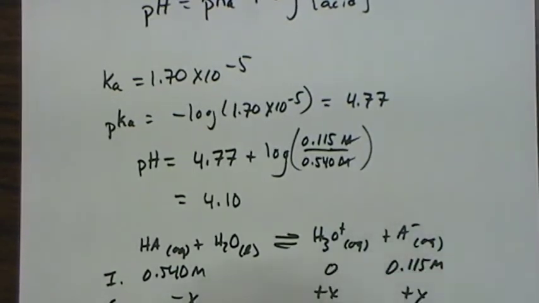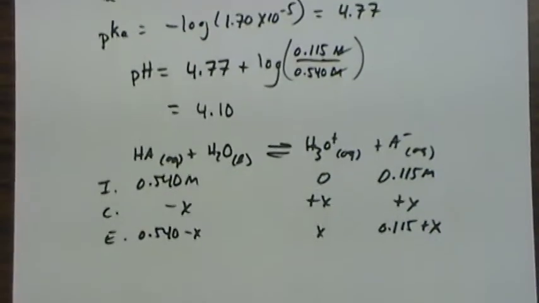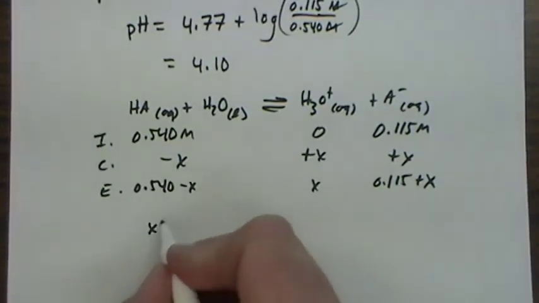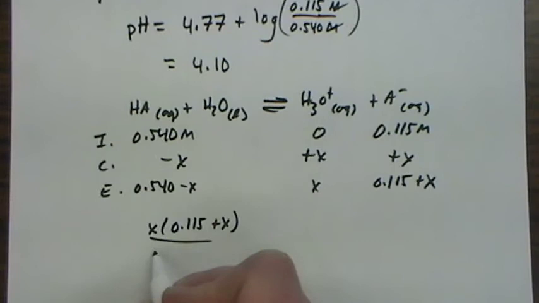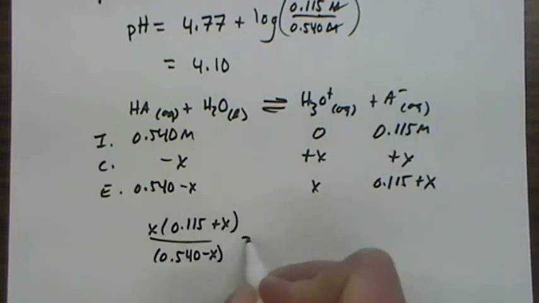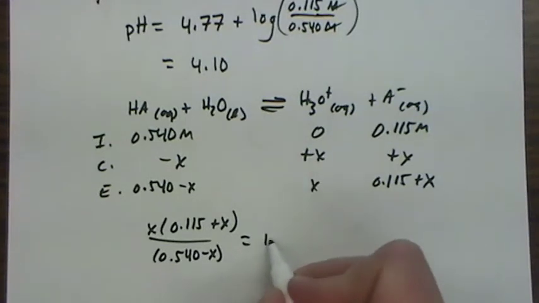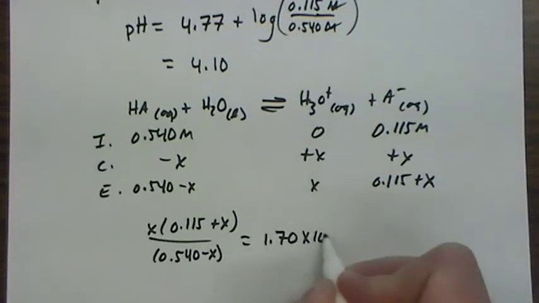So instead of using the Henderson-Hasselbalch equation, we're using the Ka expression, which is just the expression that we use for Henderson-Hasselbalch, we just put it into a different form. So what I'm trying to show is that the Ka expression is the Henderson-Hasselbalch equation. They're just two different forms of the same expression.